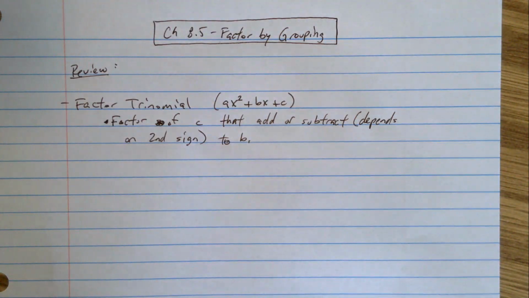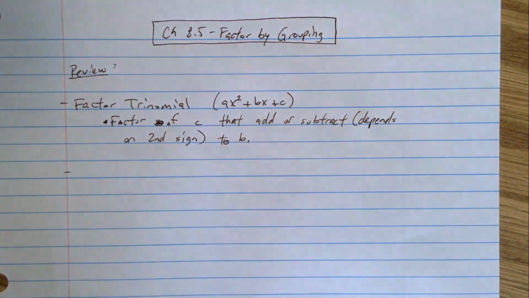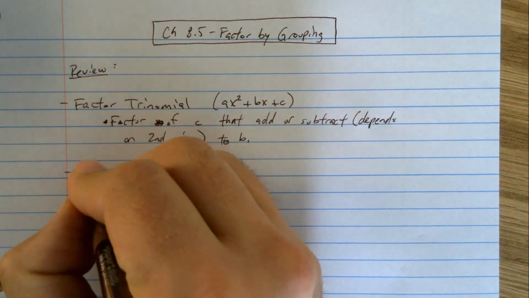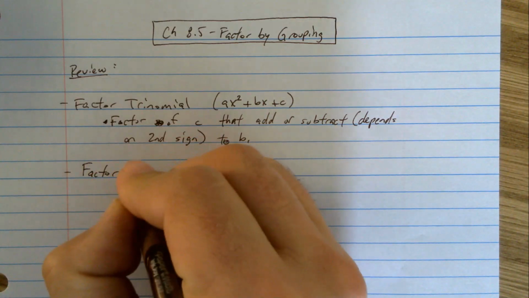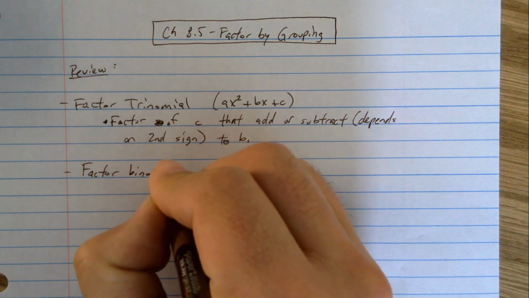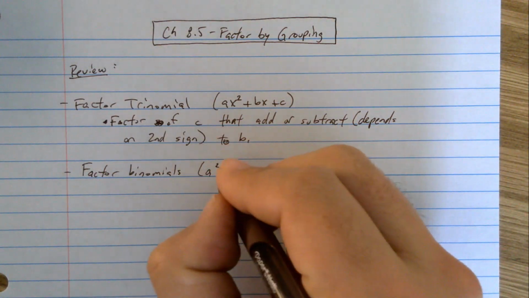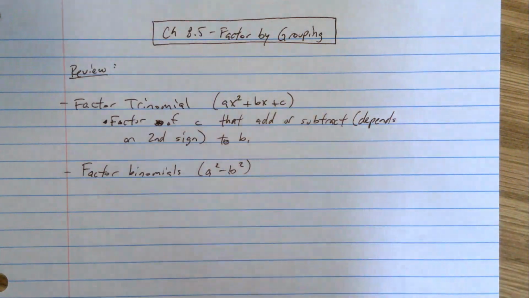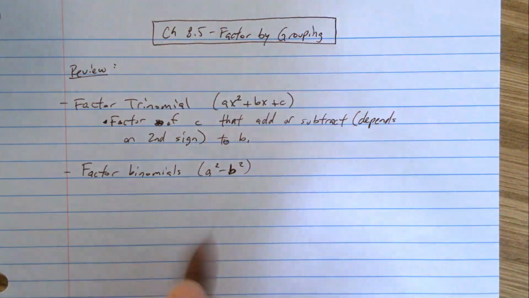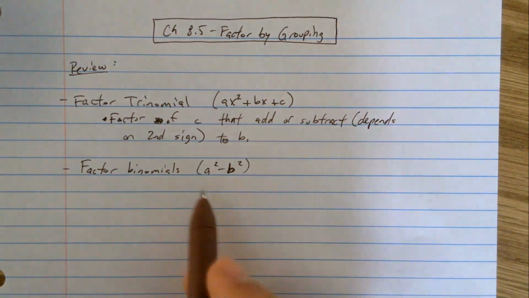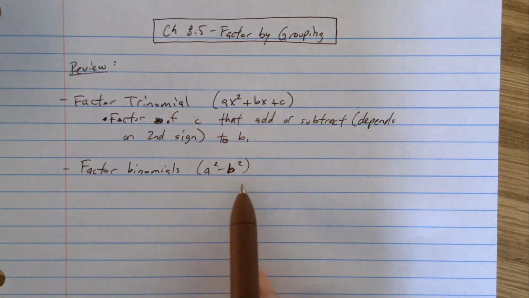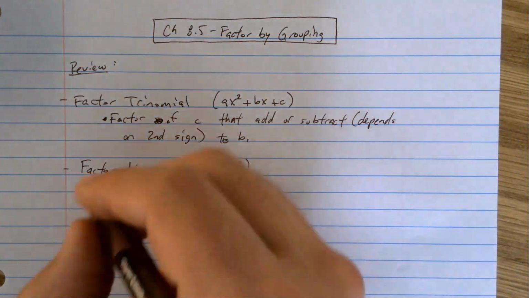We did that and had a test on that previously, and then yesterday we factored binomials. That is a squared minus b squared. So two terms, they both must be squares, and we must have subtraction.